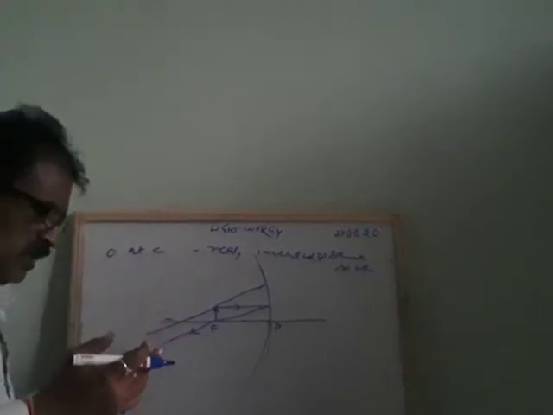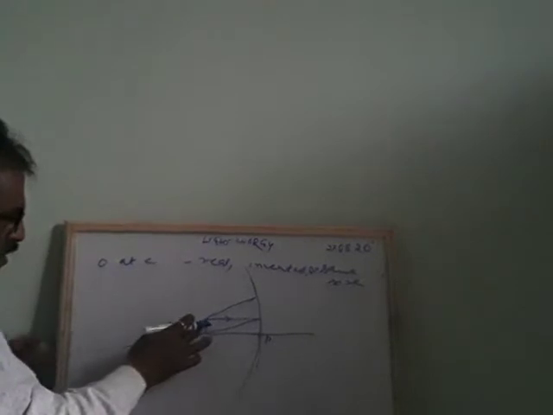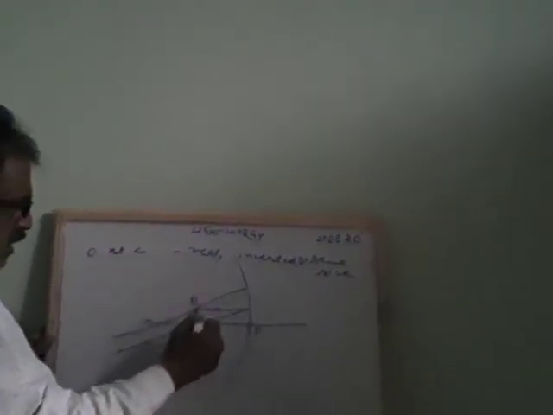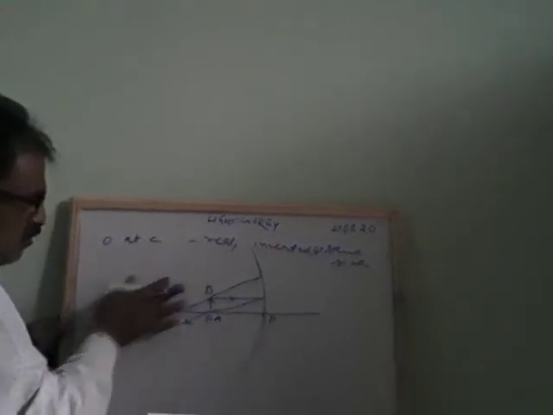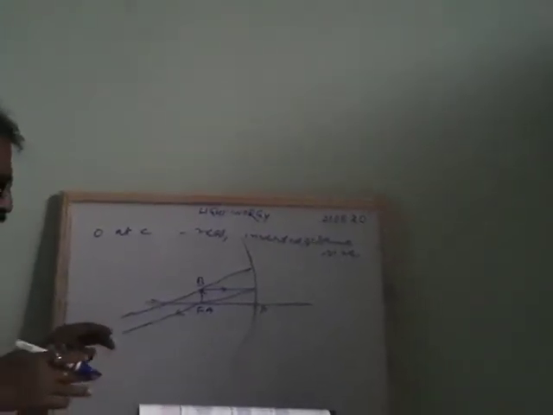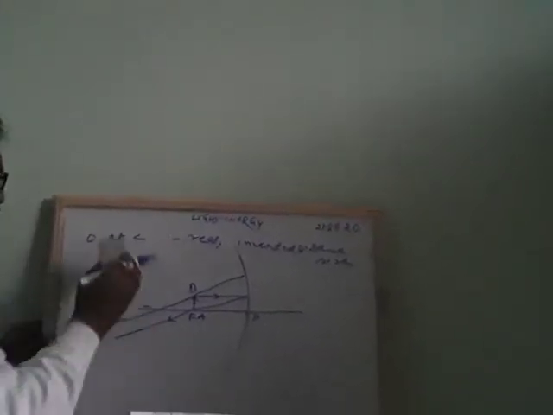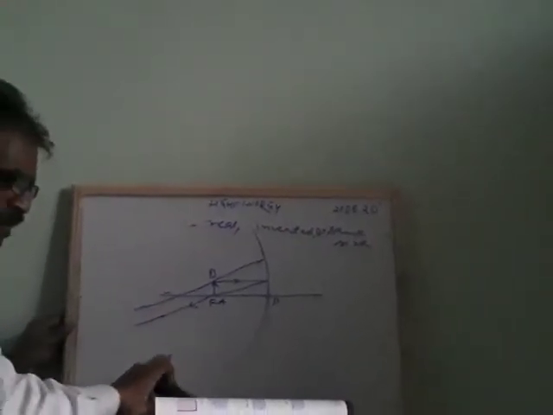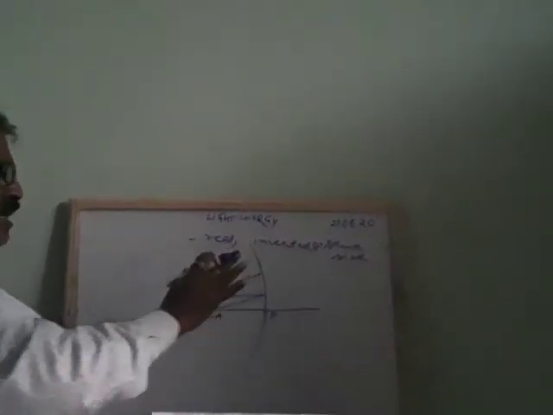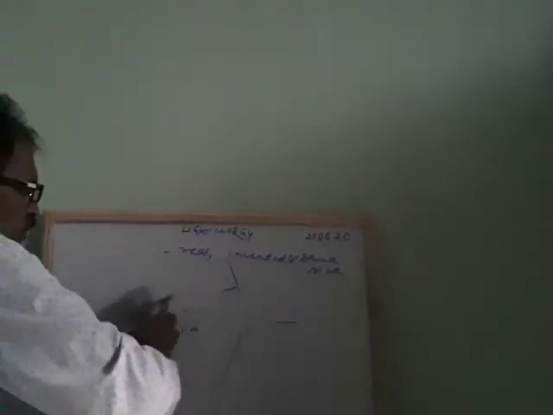Here they will not meet, so the image is at infinity. The image is real, inverted, and magnified, a little bigger in size.